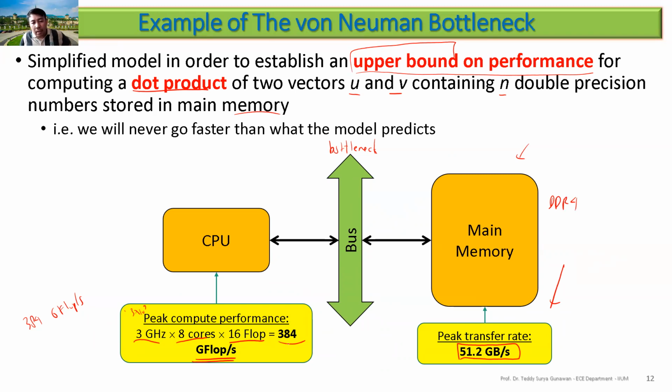Even without calculation, you can see there is a bottleneck: the memory cannot handle the speed of the computation. So the upper bound will be determined by the slowest part.